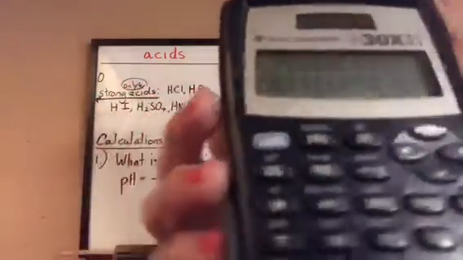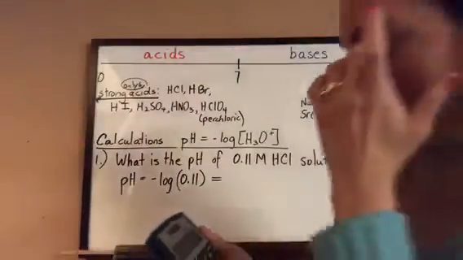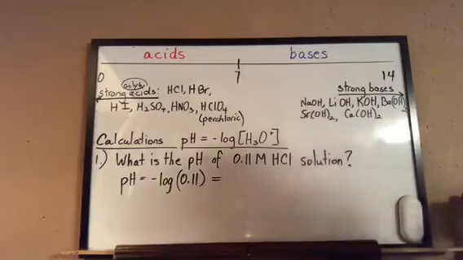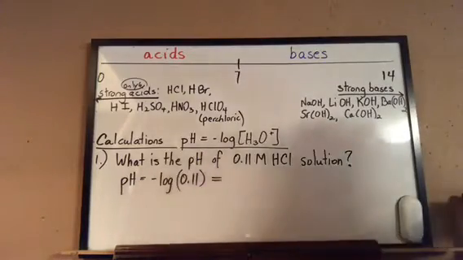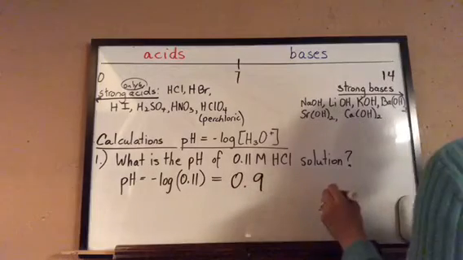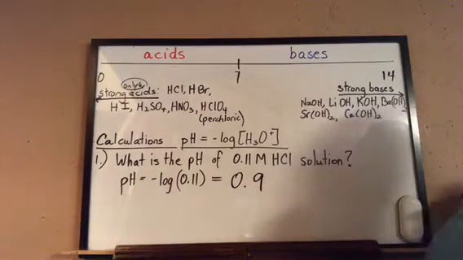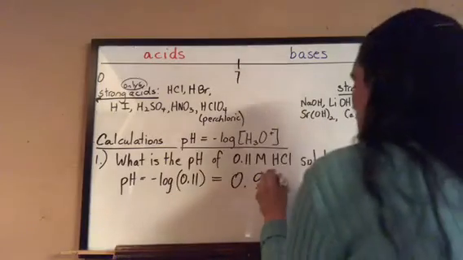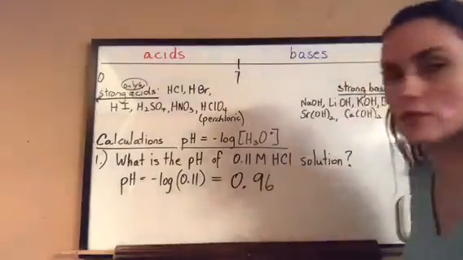I hope I'm reading it right backwards. Okay. So pH would be 0.96. No units for pH. No units.